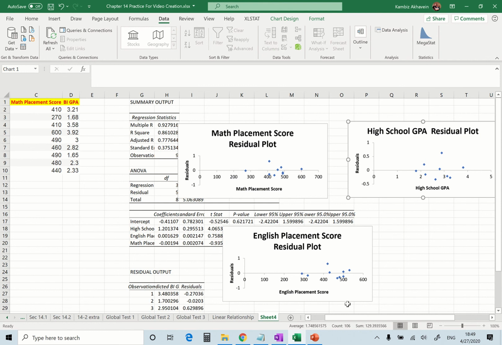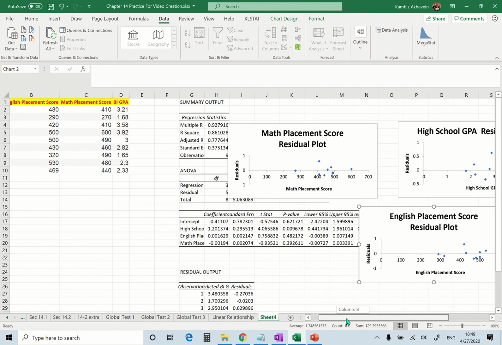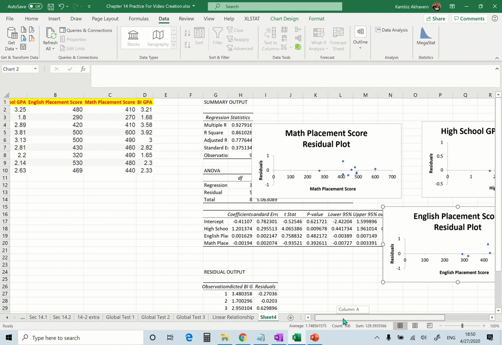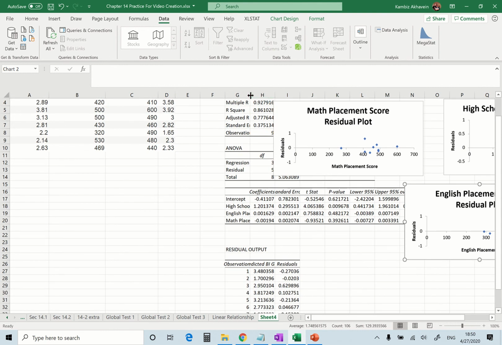It should all be random. So right now, it doesn't seem to be that much of a homoscedasticity problem. As values of x increase, it's not like the value of the error increases. It's not like that. Okay, and let's take a look at this one here.